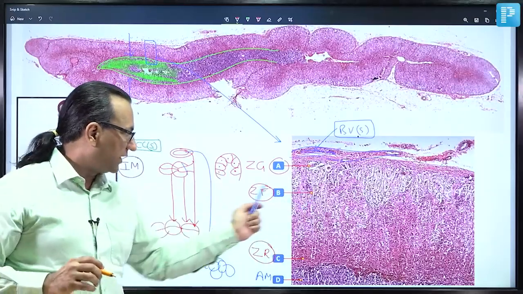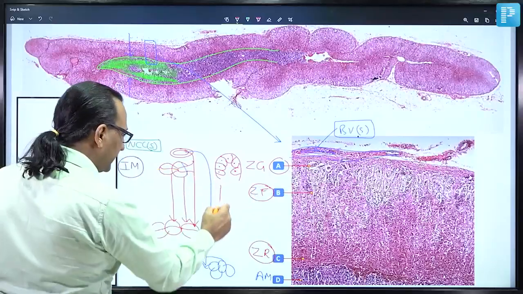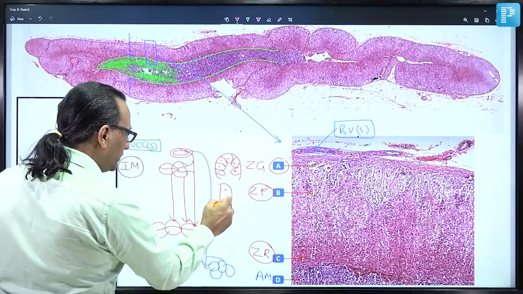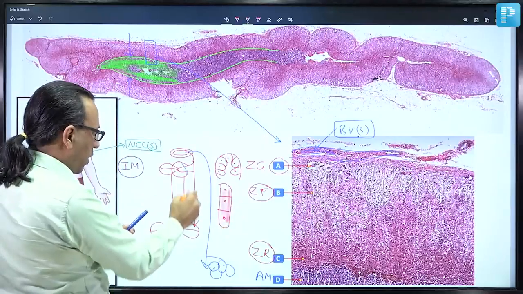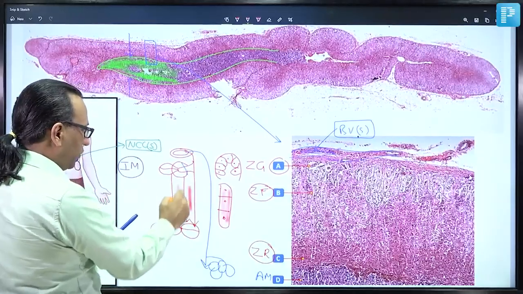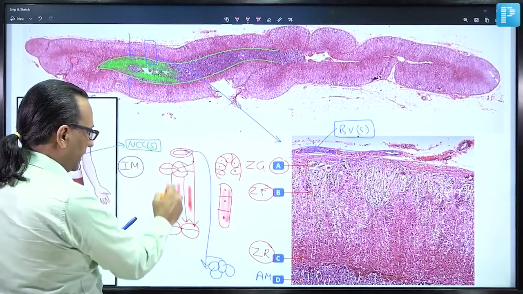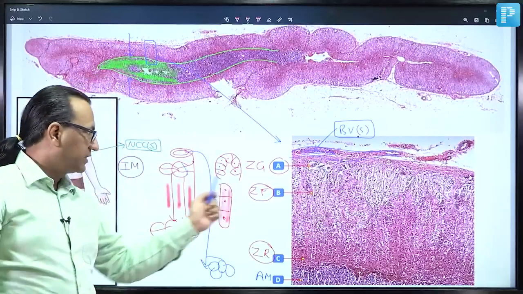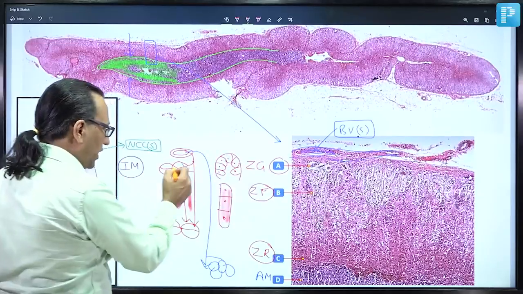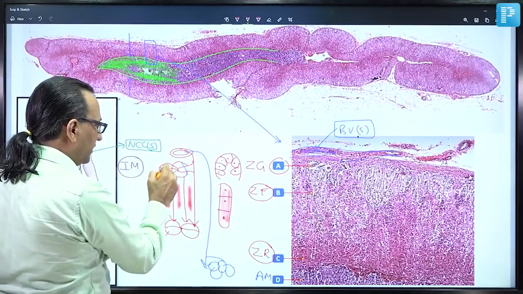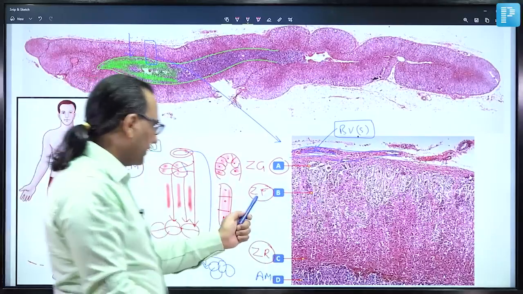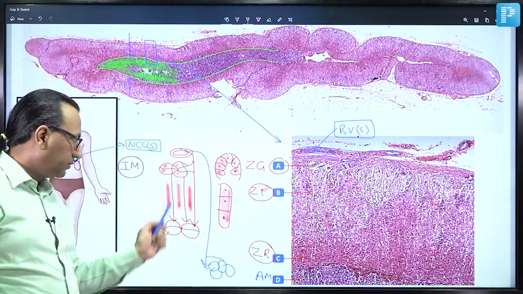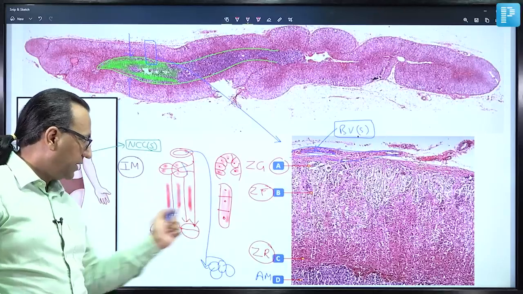Whereas in the zona fasciculata, you will see cells are arranged in longitudinal fashion as rows, say one row of cells here, another row here, another row here. So instead of making clusters of cells as in zona glomerulosa, in zona fasciculata there are rows or columns of cells arranged parallel to each other.